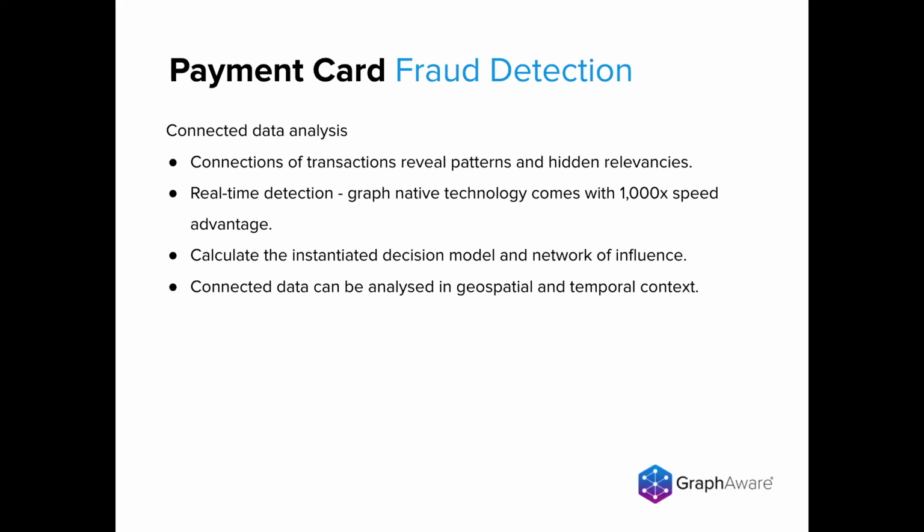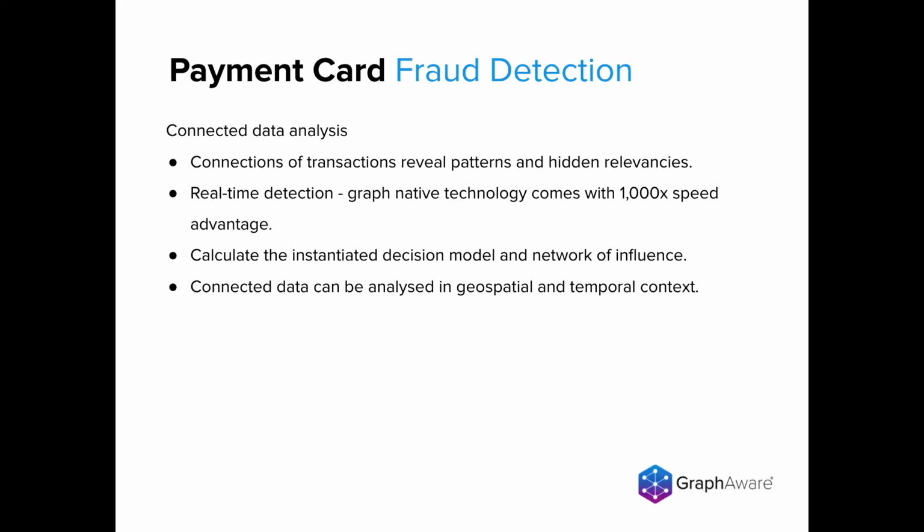Insights beyond the capability of statistical models are simple for graphs. We say here that real-time detection can come up with 1,000 times the speed of the analysis of relational databases. And that is true for those tools that are graph native, that sit on top of the graph database.